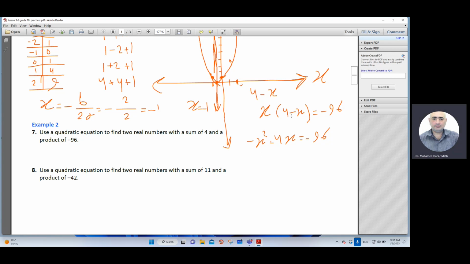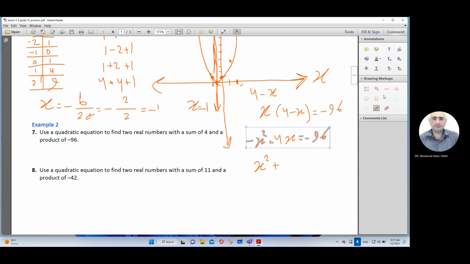So we move negative x squared to the other side, it will be x squared, and move 4x to the other side, it will be negative 4x. Here we have x squared minus 4x minus 96 equals 0.